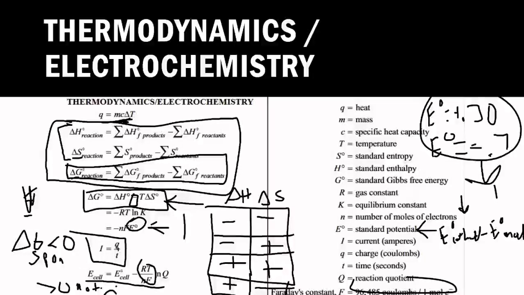And also, you can move this around, so it would be like I times T is equal to Q, or Q over I is equal to T, just random stuff. Like, I guess that's technically missing.